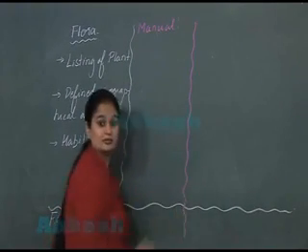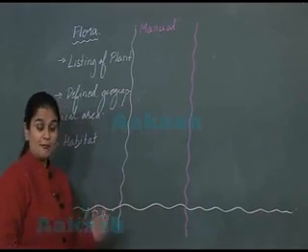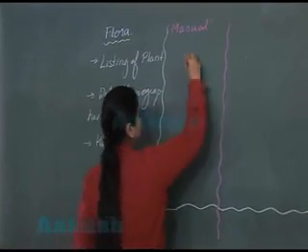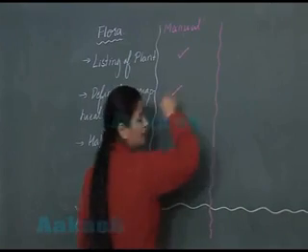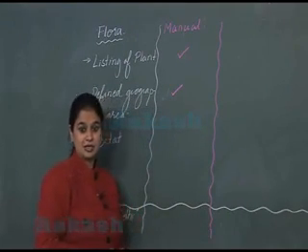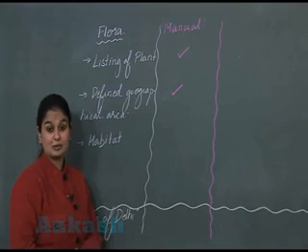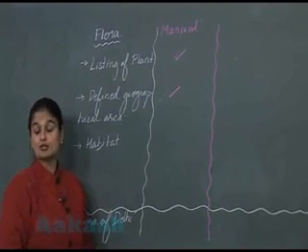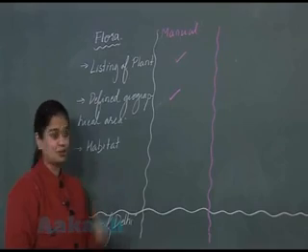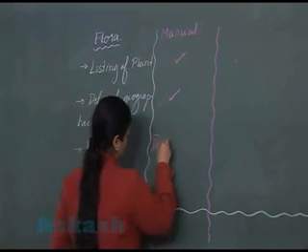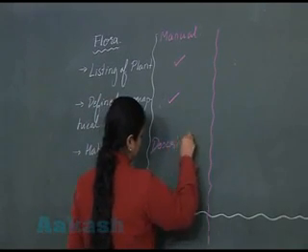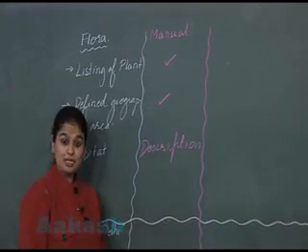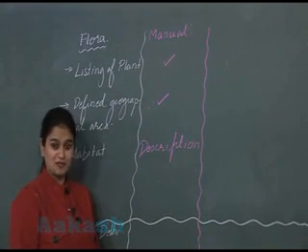Next one is manual. Manual is also going to provide a listing of plants in a particular area, and along with that it is also going to give the description about the plant. So manual is going to provide the listing of plants.